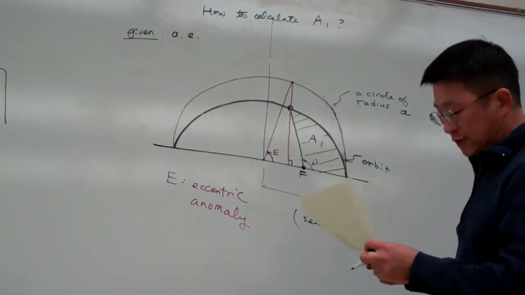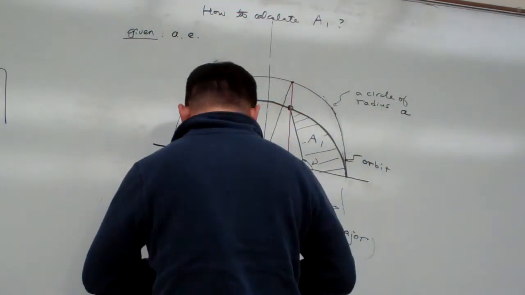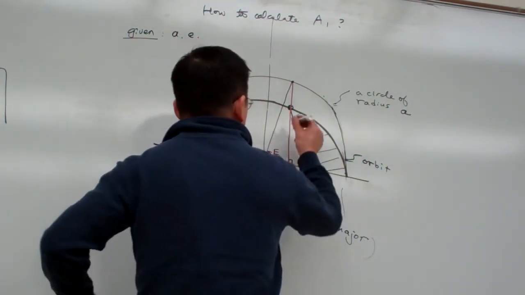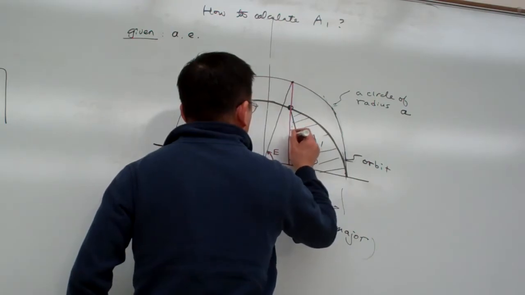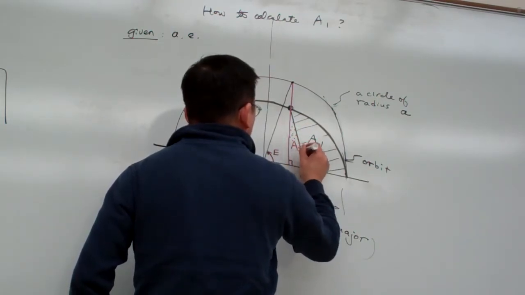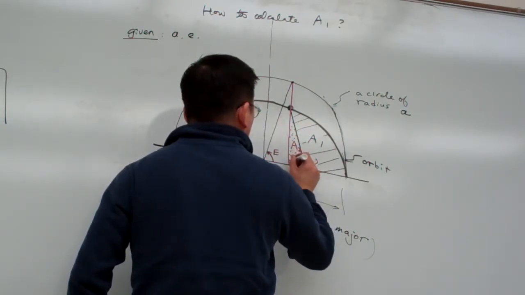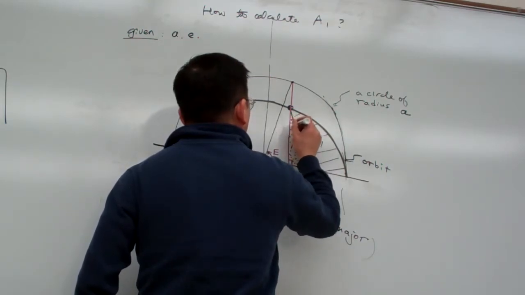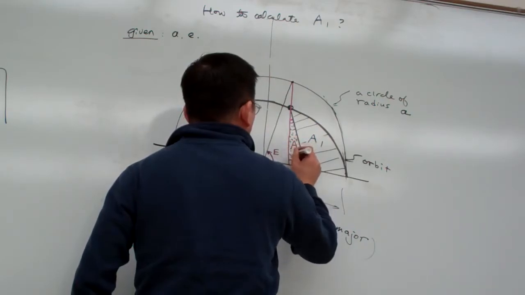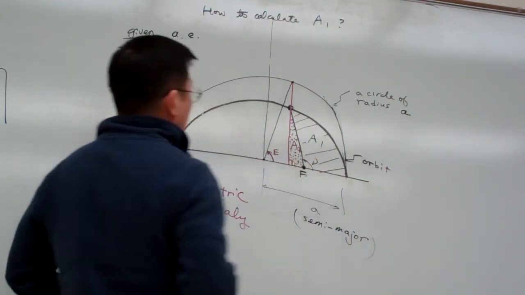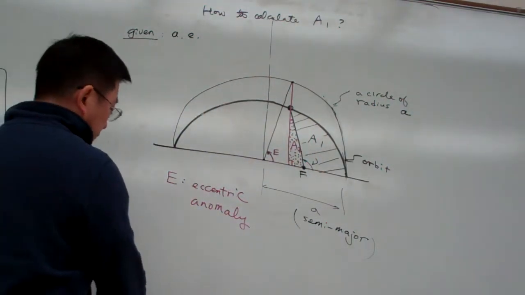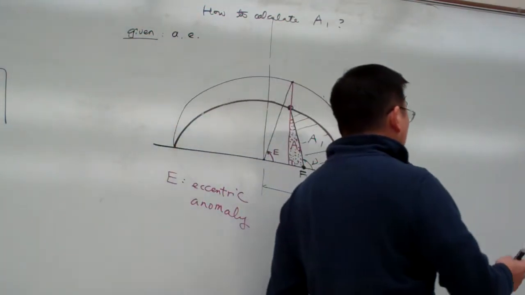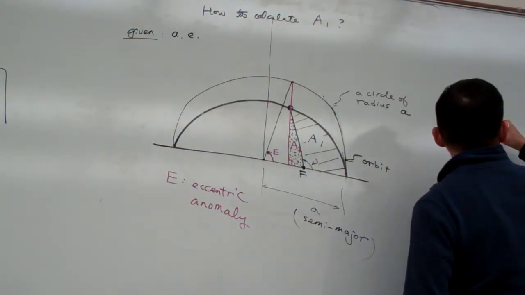Let me give certain notations here. This triangle, let me call A2. Okay, this little triangle is A2. Basically A1 and A2 have this relation.